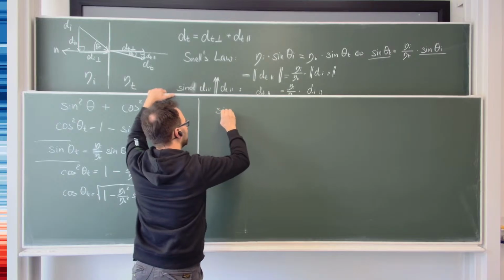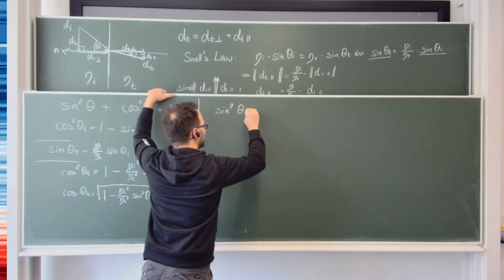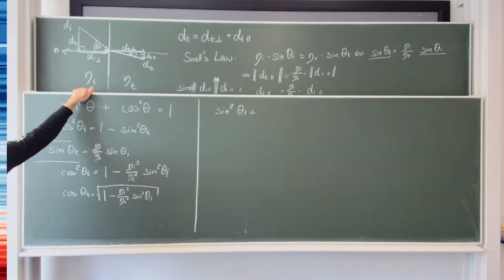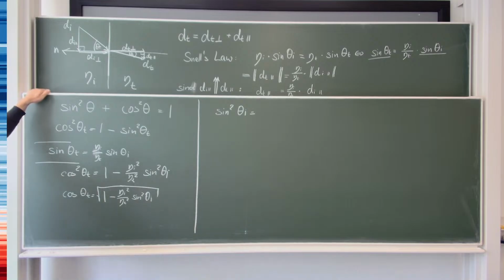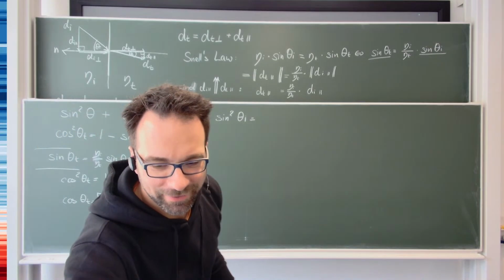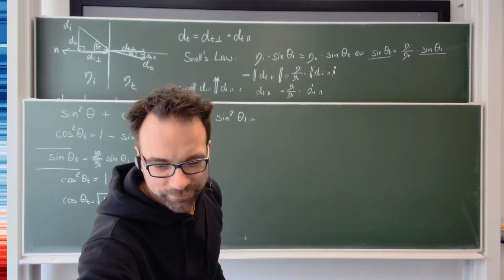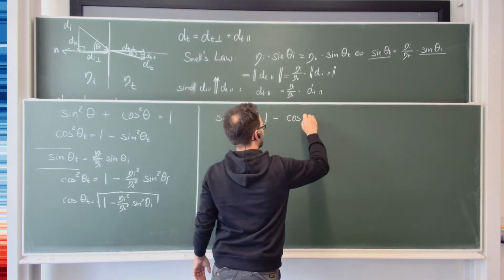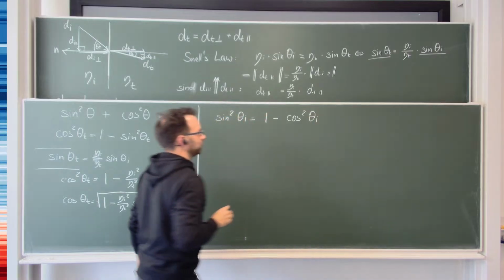What do we know about the square of sine theta I? It's written just immediately to the left. Yes, 1 minus cosine squared of theta I.